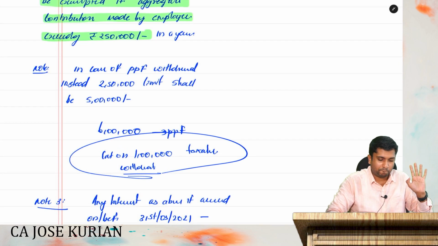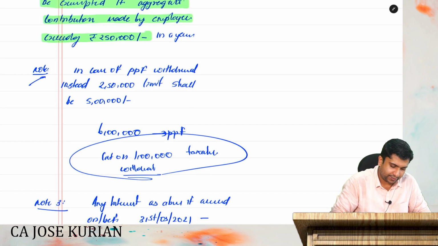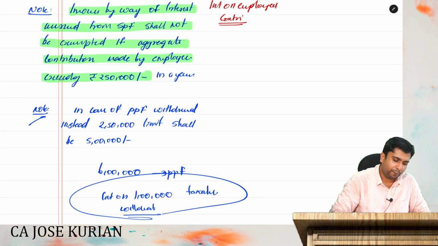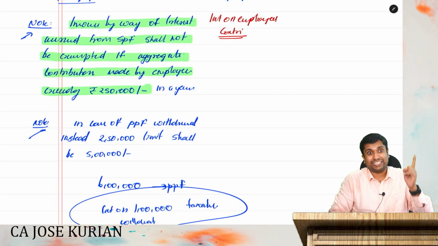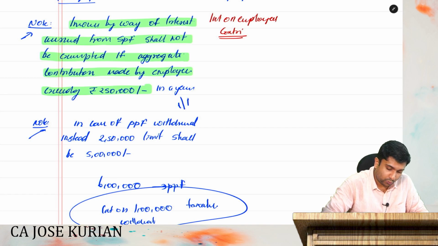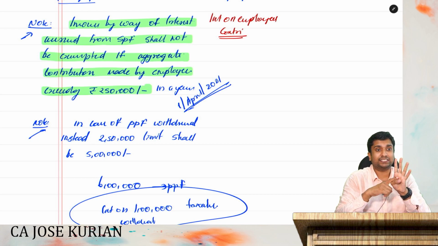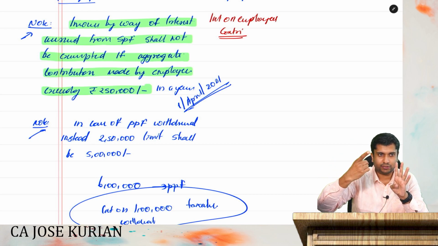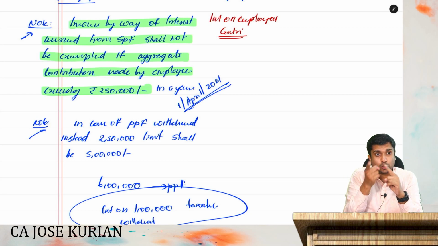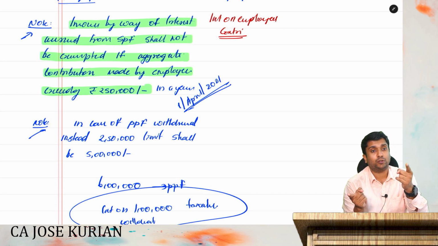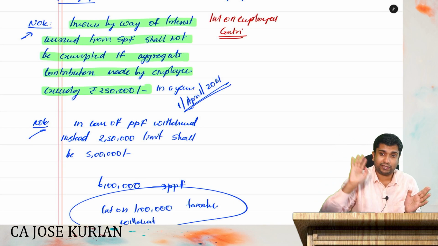This means, simple point, these two notes which we have written, one on SPF and one on PPF, this is effective from 1st April 2021 only. That simply means, if there is an interest accrual over and above 2,50,000, then that interest accrued only on or after 1st April 2021 will be taxable at the time of retirement.